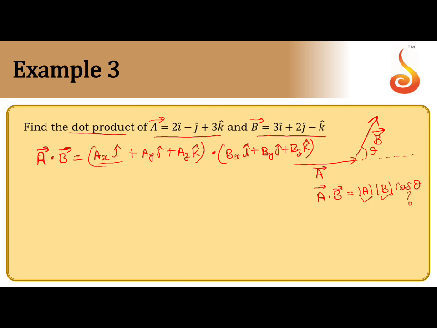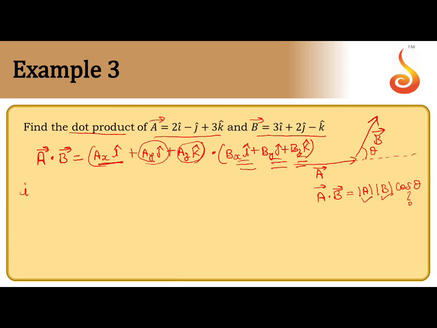You need to multiply the first term with all the terms, the second term with all the terms, and the third with all the terms in the second vector. While doing this, you will come across i dot i, j dot j, k dot k, etc.